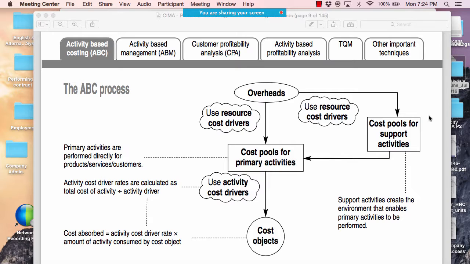So you can see activity cost driver rates are calculated as total cost of the activity divided by the cost driver. So the debate will start with what the cost drivers are, because this can become quite sensitive, because suddenly the departments are trying to protect their areas and are quite defensive.